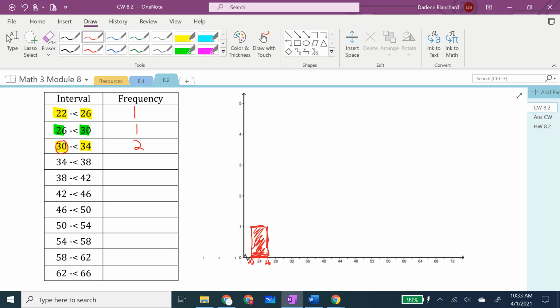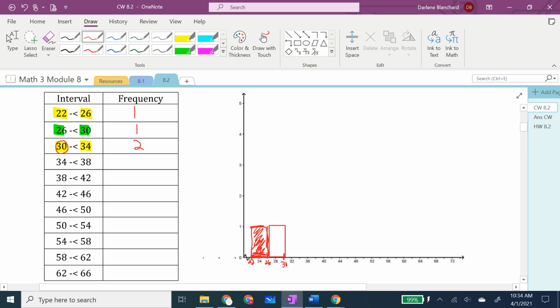Ooh, I can draw rectangles. Let me try that. Well, a so-so rectangle. Yeah, decent. Not exactly where I wanted it to be, but between 26 and 30.